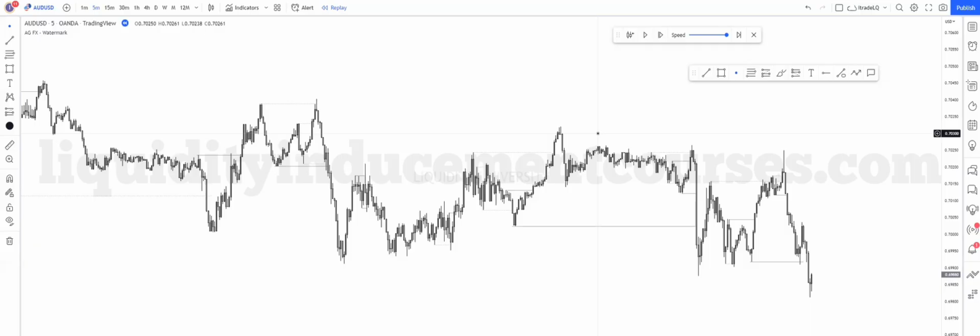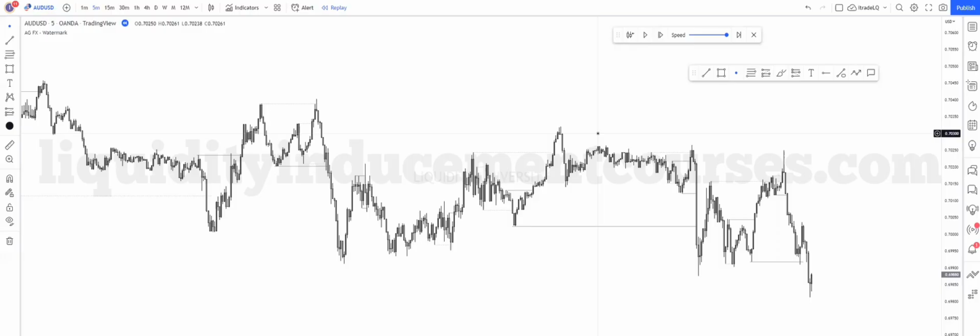We can't only use one time frame and expect to catch every move on only one time frame. We have to use multiple time frames. We have to see what looks better for us. Every single person is going to have their own view at the end of the day.